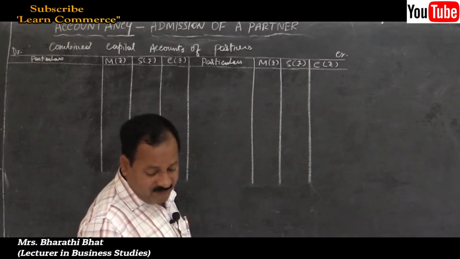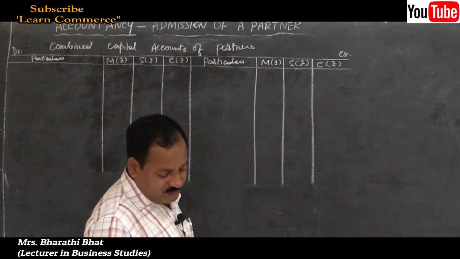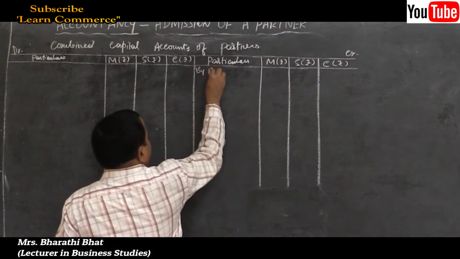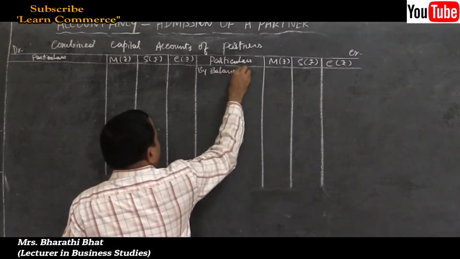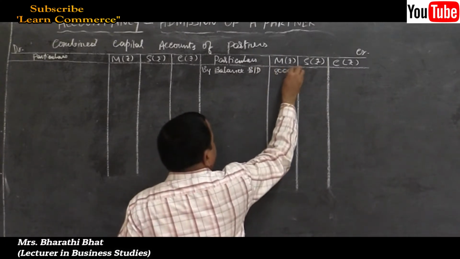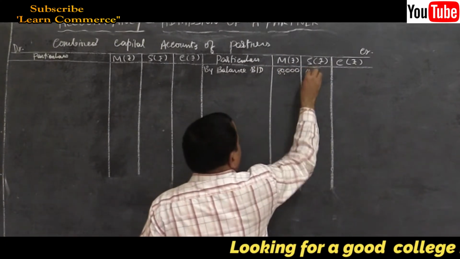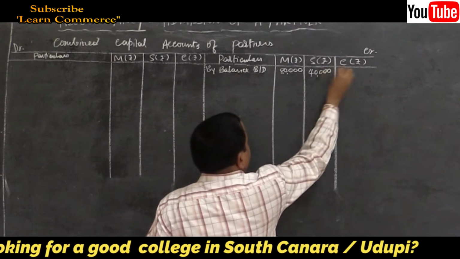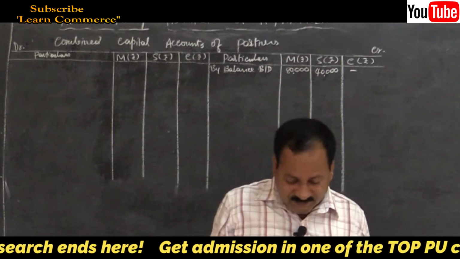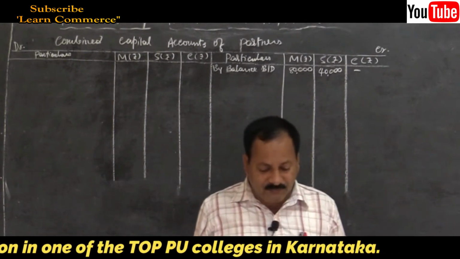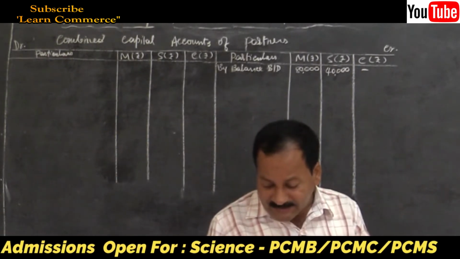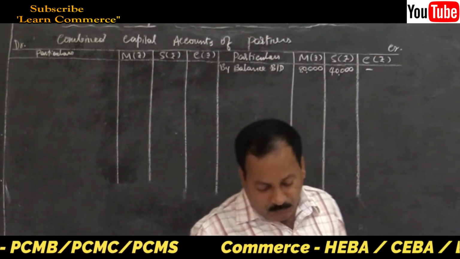Capitals that is Mahendra, Surendra given 80 and 40. So by balance brought down 80,000 and 40,000. Then next one is you have to pass entry for the capital brought in by the new partner.